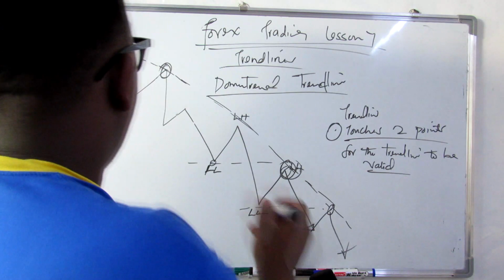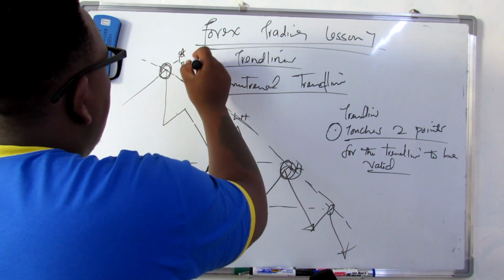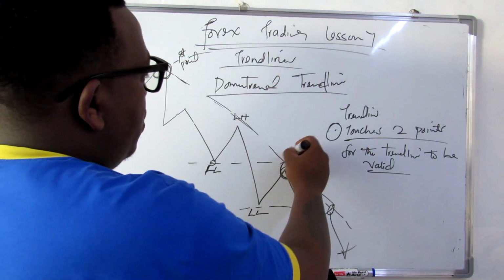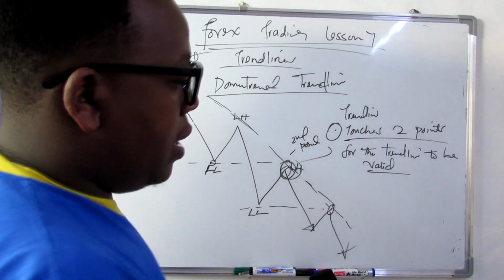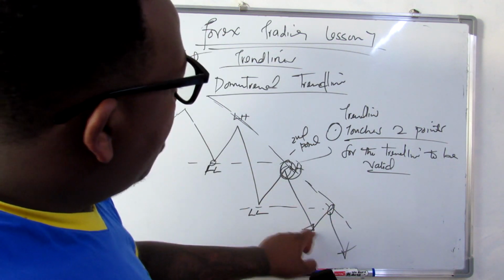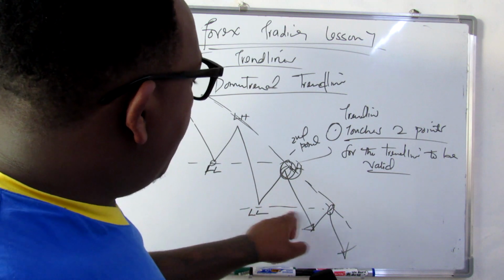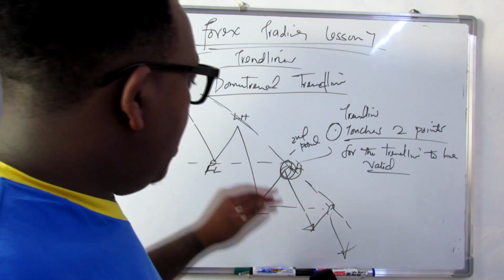For this case, our first point was here. This was our first point. This was our second point. So for the third time, we're expecting that the market, after breaking this neckline right here, comes to this spot and keeps unfolding downwards.